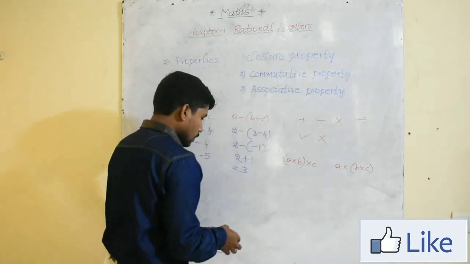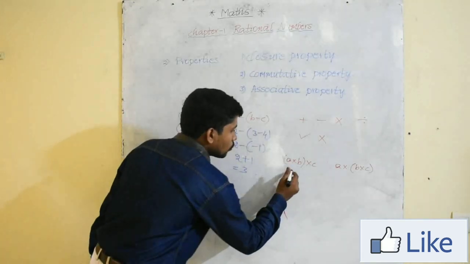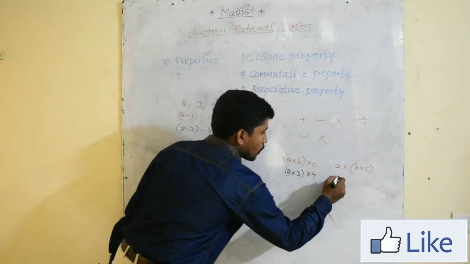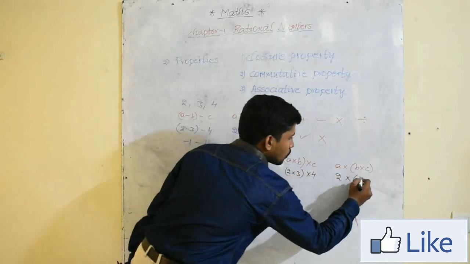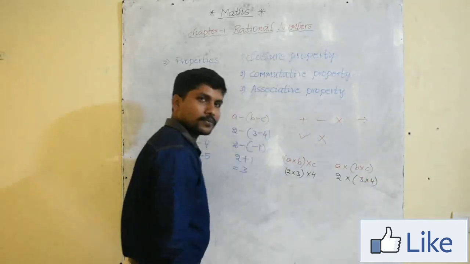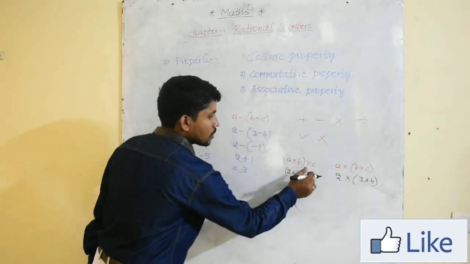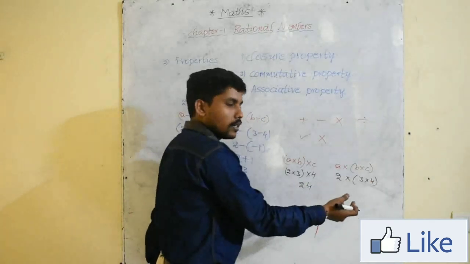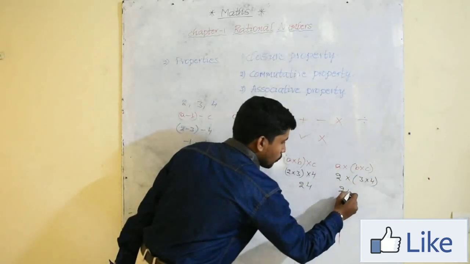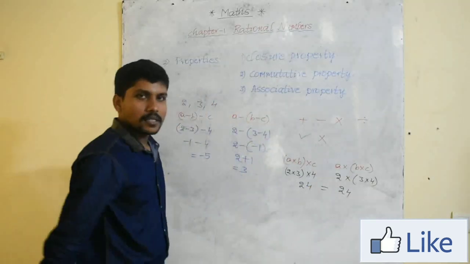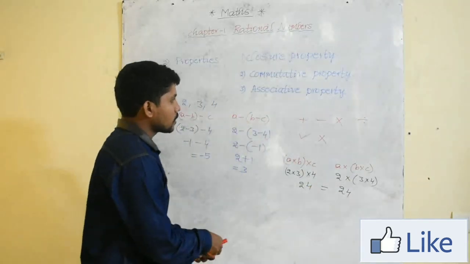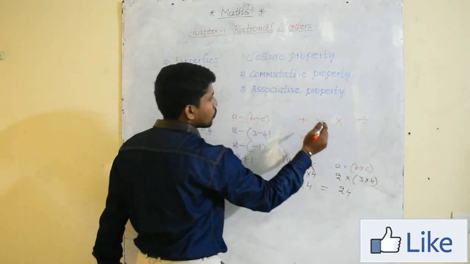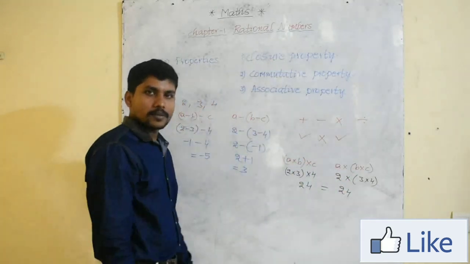If you observe for the same numbers, (2 into 3) into 4 or 2 into (3 into 4): 2 into 3 is 6, 6 into 4 is 24. Here 3 into 4 is 12, 12 into 2 is 24. The obtained results are the same. So we can conclude that for multiplication of rational numbers, the associative property is satisfied.